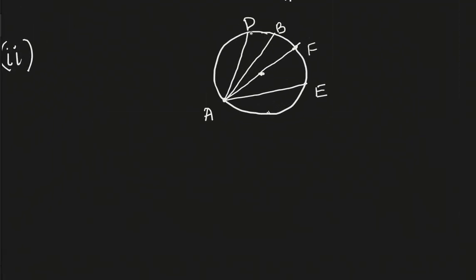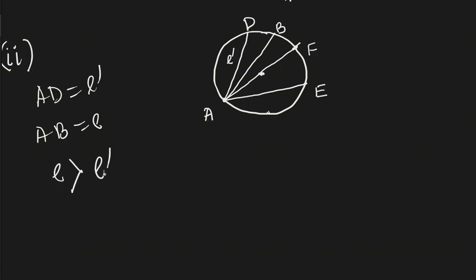Suppose the length of AD is L prime and AB is L, then you will notice that the length L is always larger than L prime.